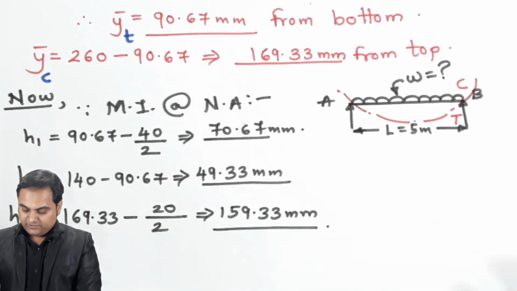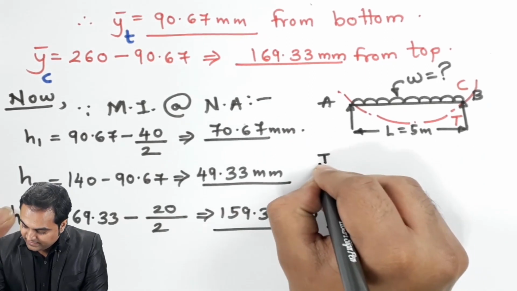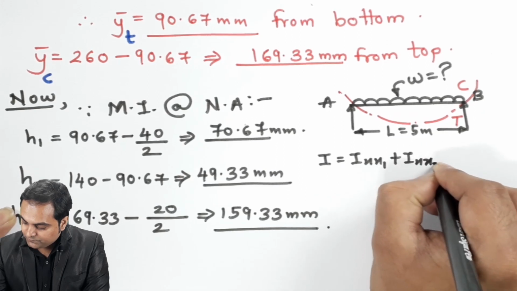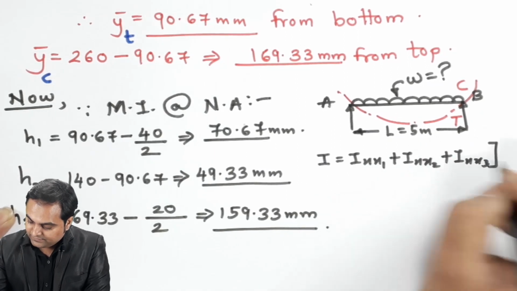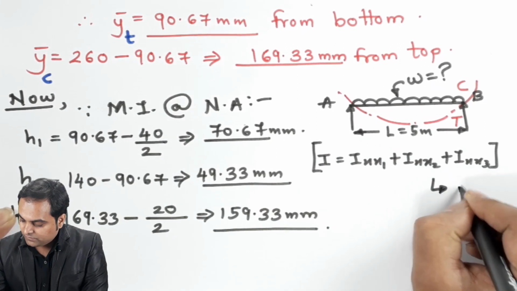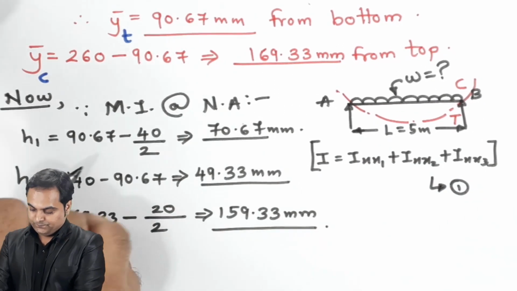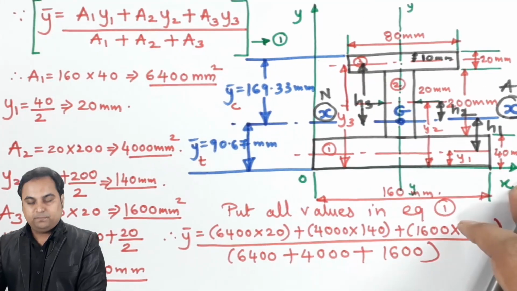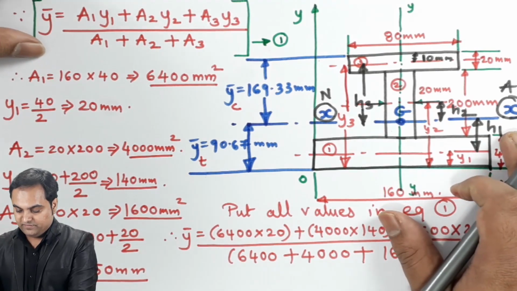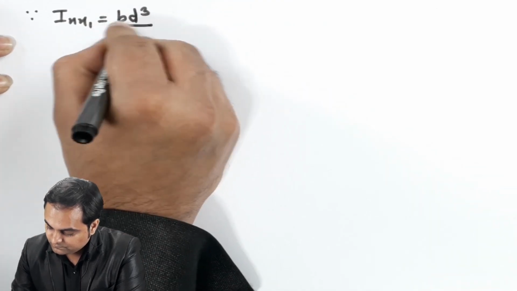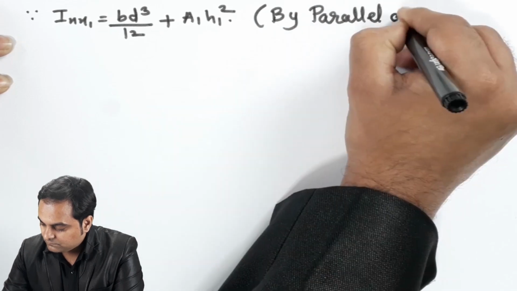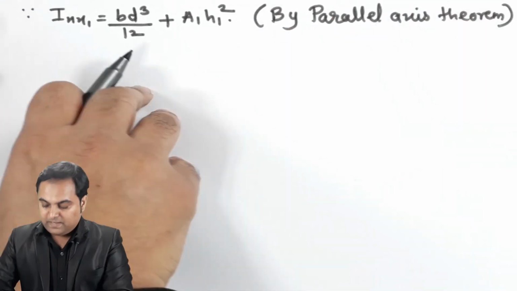Now after getting all these values, the MI about the neutral axis, I, is given by Ixx1 plus Ixx2 plus Ixx3, and I'll keep this as the first equation. Now Ixx1 is the moment of inertia for the first rectangle but about the neutral axis, so it is given by the parallel axis theorem.